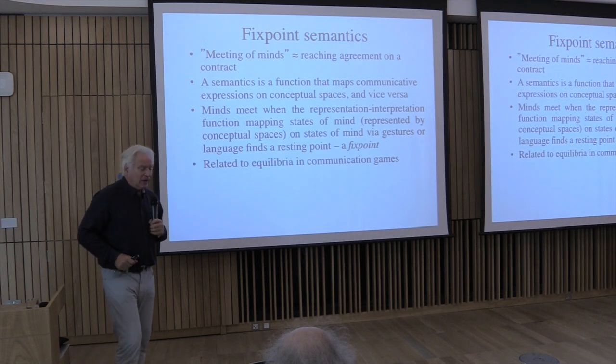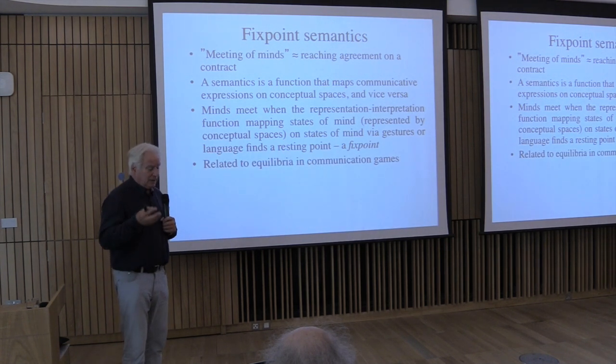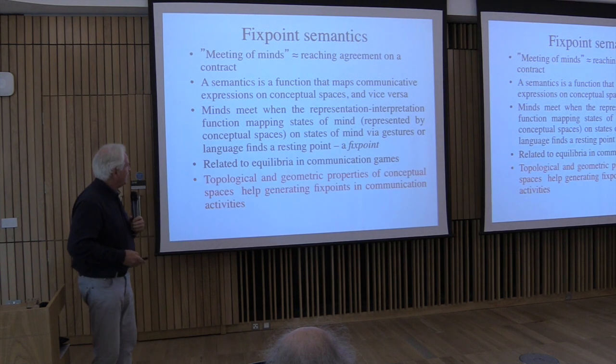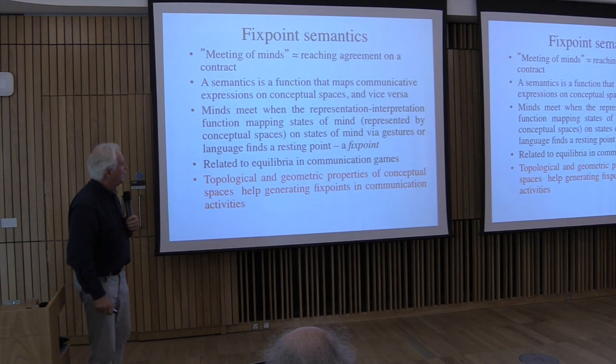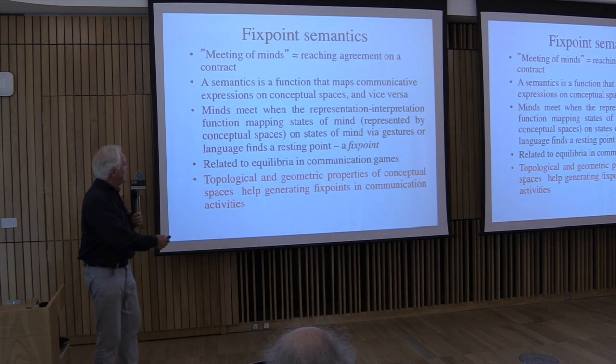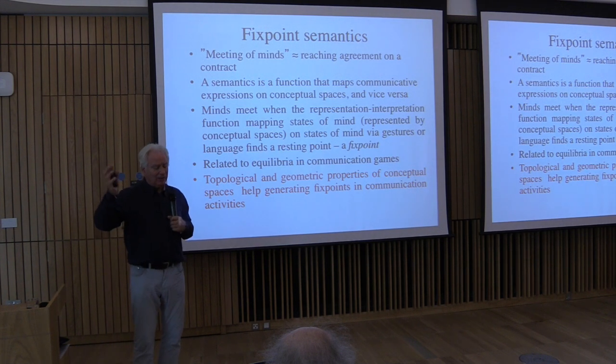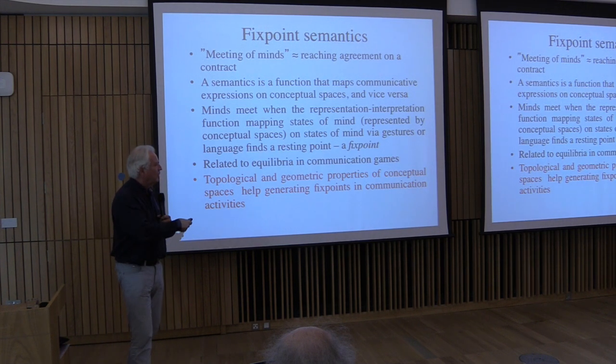And in communication games, you have equilibria. Yes, this is also an equilibrium, but what we add here is the topological geometric properties. In general, you don't know. There may be many equilibria or no equilibrium in a communication game.